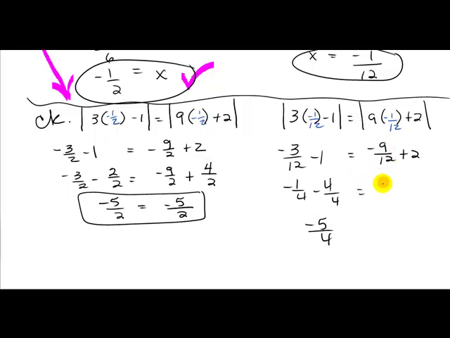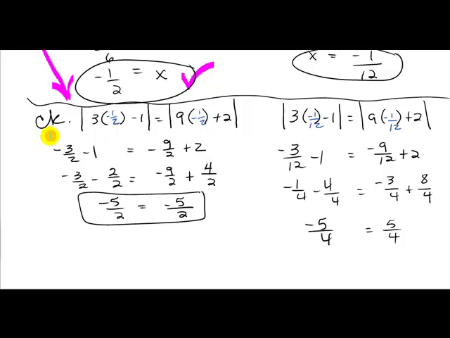This is going to become, I'm going to divide by 3. It's 3/4. Go ahead and change this to fourths. And what has happened here? Okay, I see what's happened. This is going to become 5/4.